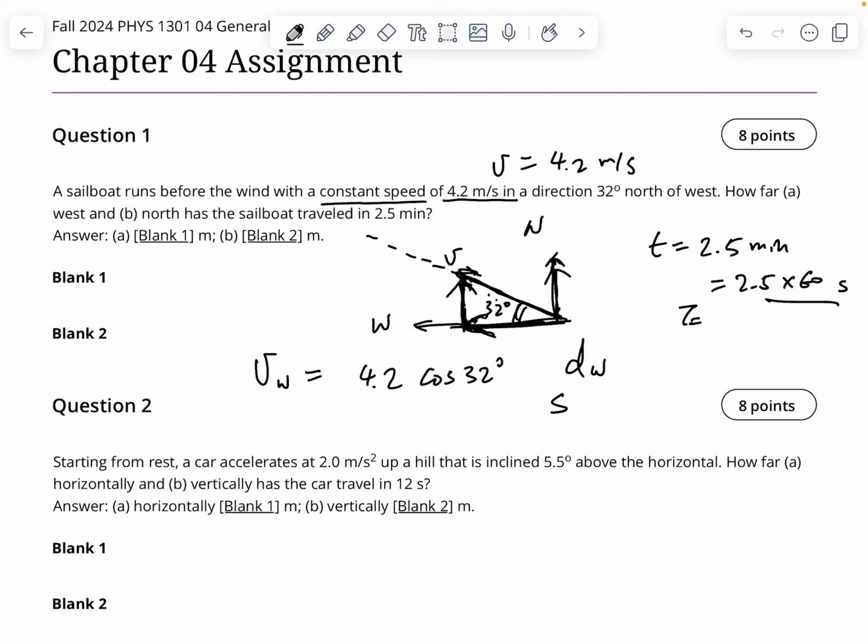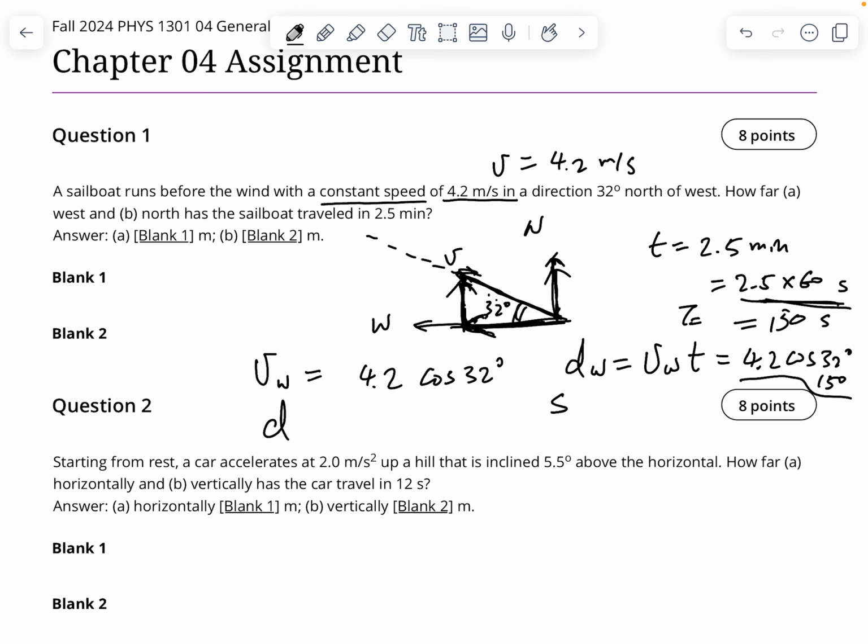So the distance traveled in the west direction equals velocity in west times time, equal to 4.2 cosine 32 times 150 seconds. Multiply these together.